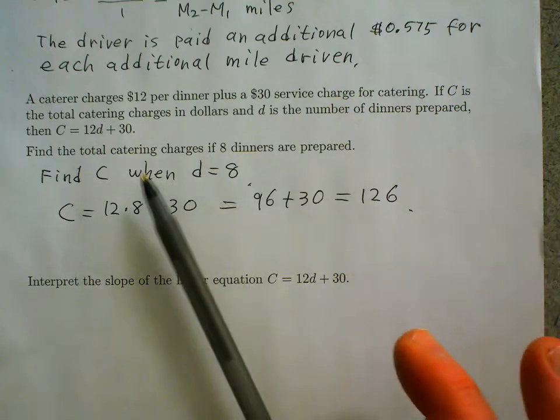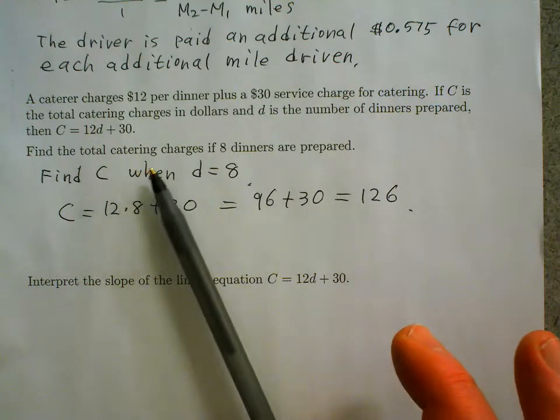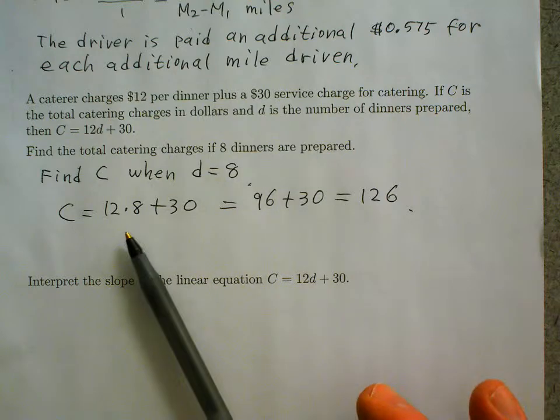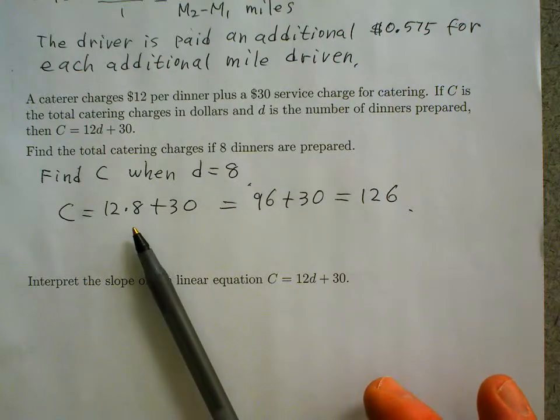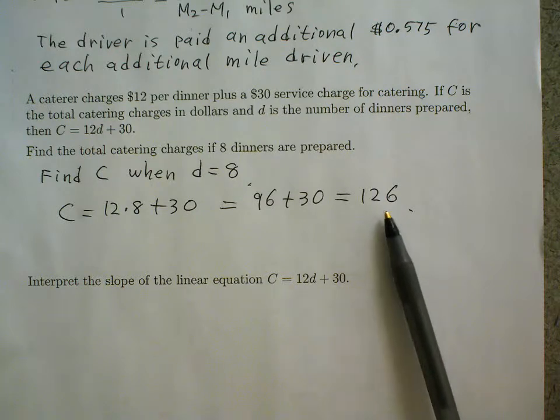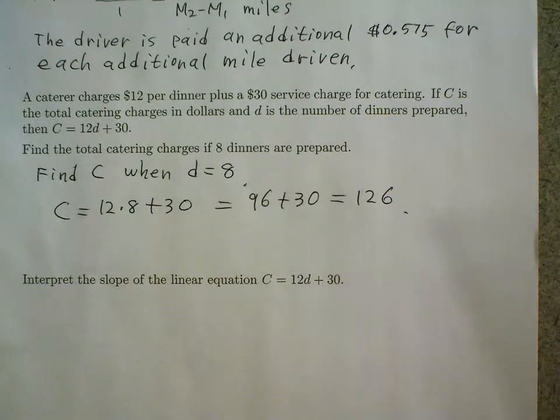Yesterday we found the total catering charges if 8 dinners are prepared. We just replaced D with 8 in the equation and did the arithmetic, and the catering charges is $126.